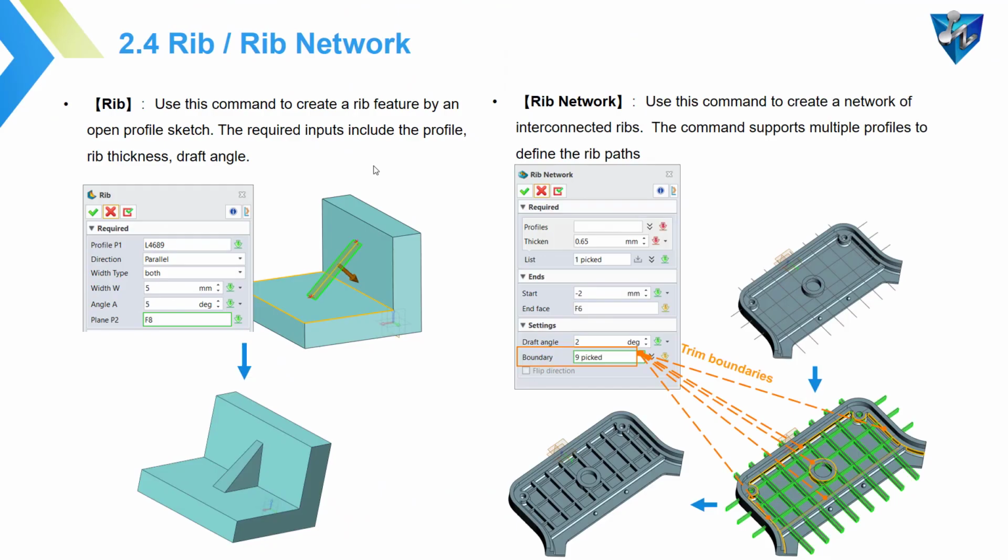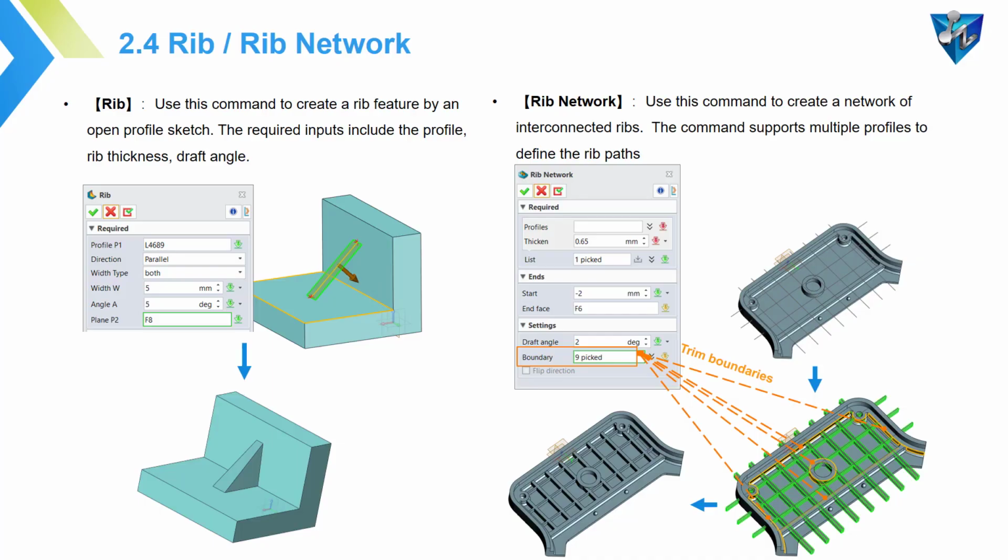The next feature I'd like to show you is rib and rib network. In mechanical design, we often need to make a rib. So in ZW3D, we provide two commands to create such features. The first one is rib. We can use this command to create a single rib feature from an open profile. All we need to do is define the profile, the thickness of the rib, the draft angle, and also the boundary.